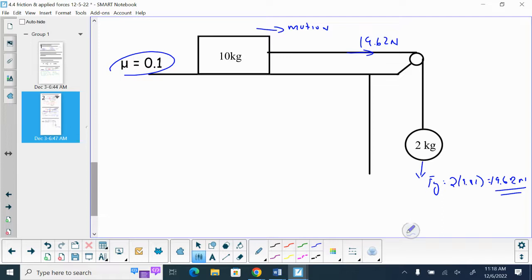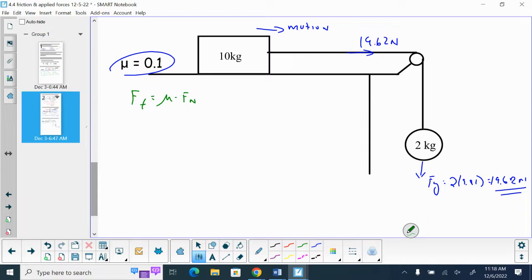So we can calculate our force of friction, which is mu times force normal.